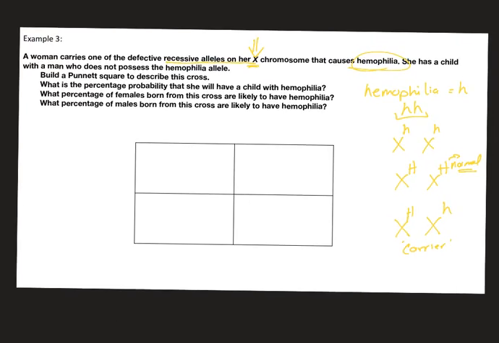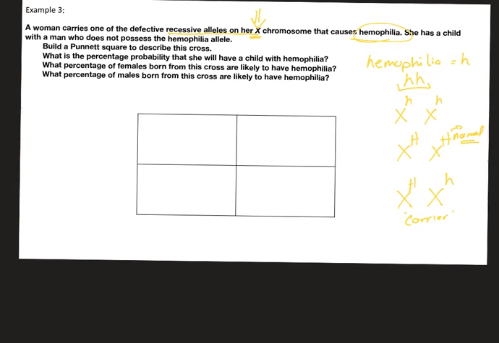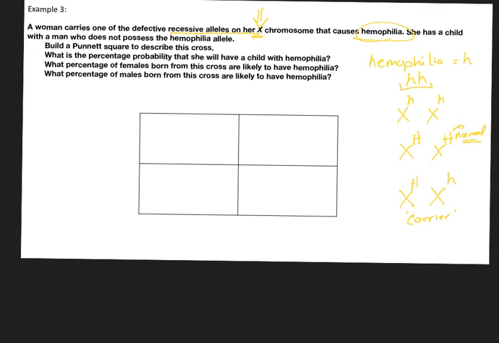Now if we look at dad, this is an important part. Let's take a look at what dad can potentially bring to the table. Here's X, here's Y, here's X, here's Y. Because this is an X-linked trait, dad's only going to have two options. He's either going to be normal, which means he has a capital H on his one X, or he's going to have a little h, and this means he is going to have hemophilia.